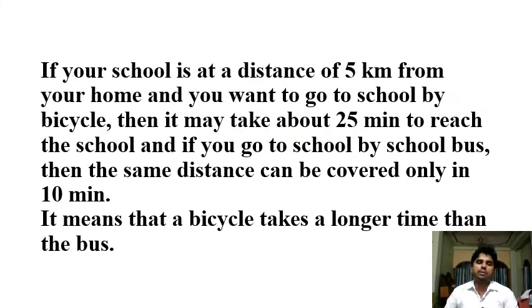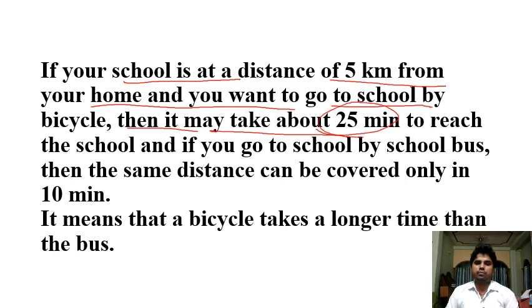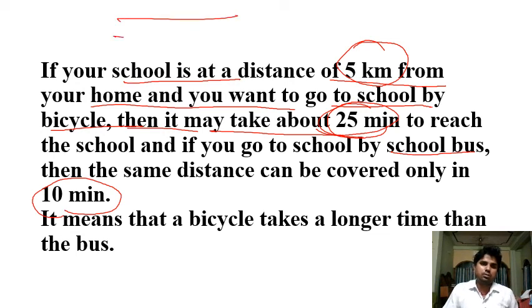Now there is one more example for you, student. If your school is at a distance of 5 km from your home and you go to school by bicycle, then it may take about 25 minutes. See, the distance is 5 kilometers, but if you go by bicycle it will take 25 minutes.